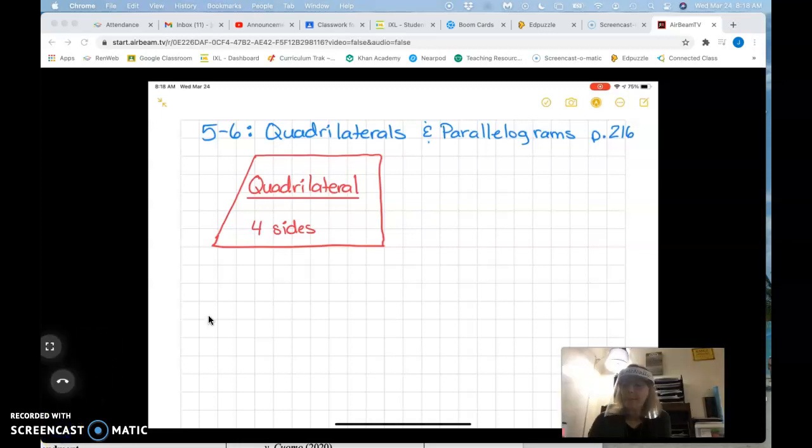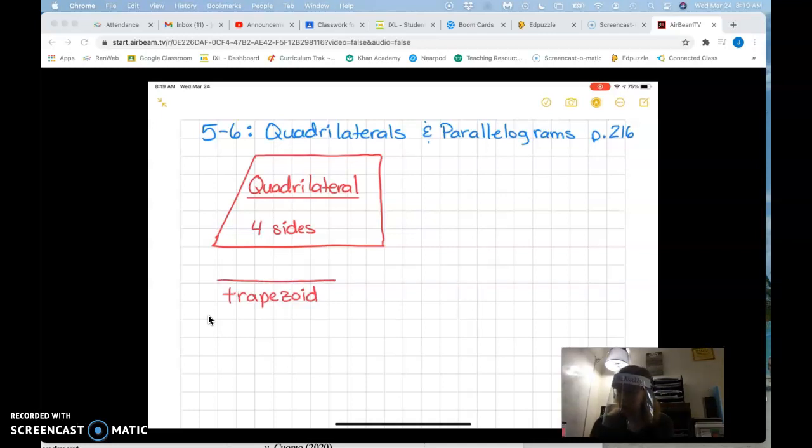There's two main types of quadrilaterals. The first one is called a trapezoid, and it's going to be over here kind of by itself. It's its own thing. It's the only thing that's going to be on this side of our drawing. And a trapezoid has one set of parallel lines.